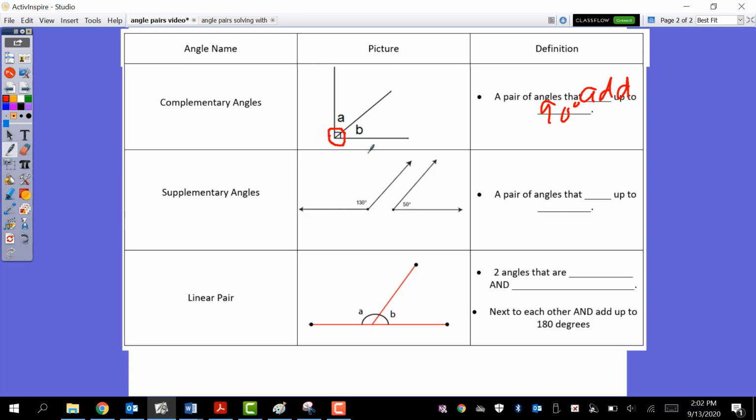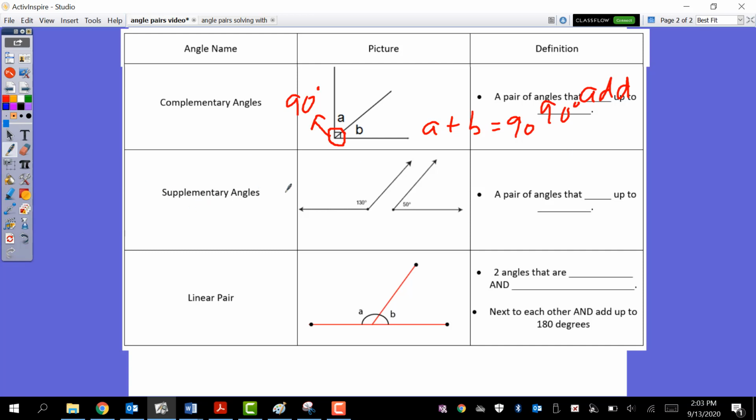And if that box is there, we know the box means it's a 90-degree angle. It's a right angle. So in this relationship, I know that angle A plus angle B is going to add up to 90. So you're going to be writing that equation a lot. If you have complementary angles, one angle plus your other angle is going to add up to 90.